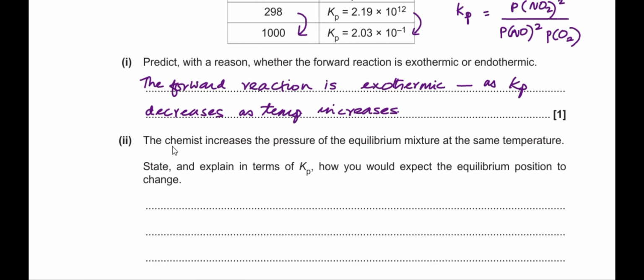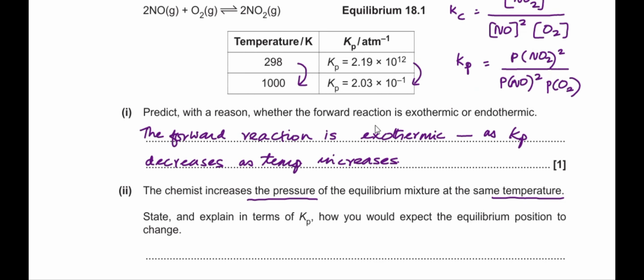Part 2. The chemist increases the pressure of the equilibrium mixture at the same temperature. So he increases the pressure only, temperature is kept constant. State and explain in terms of Kp how you would expect the equilibrium position to change. By saying the pressure of the equilibrium mixture is increased, it means the total pressure is increased.